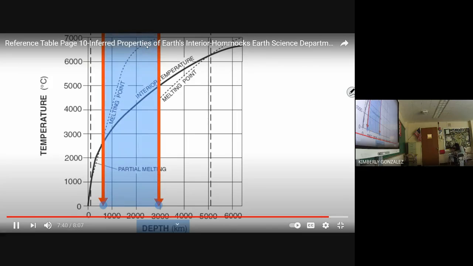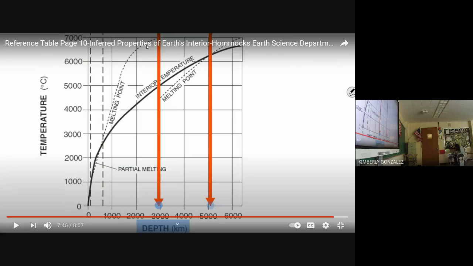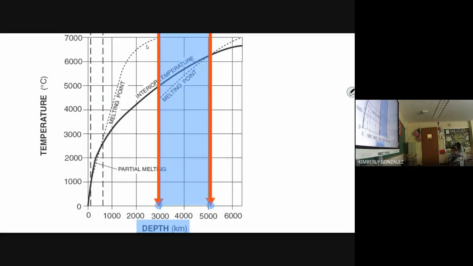Here's your stiffer mantle. The outer core will begin at about 2,900 kilometers and extend to about 5,100 kilometers. So 2,900 to about 5,100 for the outer core. And finally, your inner core is going to begin at about 5,100 kilometers and extend to about 6,300 kilometers.